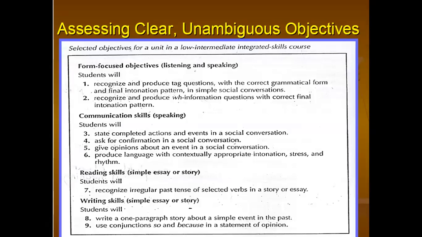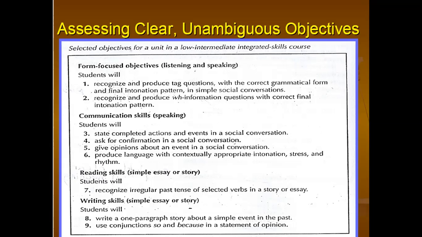Okay, and here we have a very clear example of clear and very unambiguous objectives. There's a part of the book, or part of the chapter that you read. So those are objectives of a test, and the level is low intermediate.